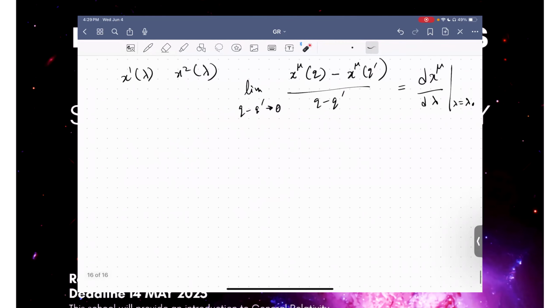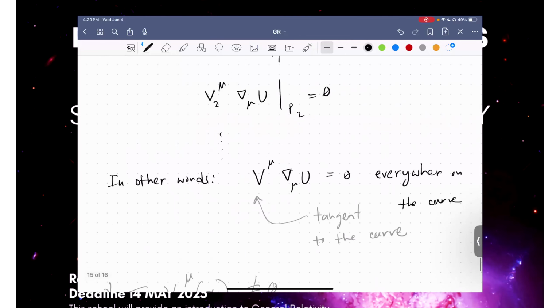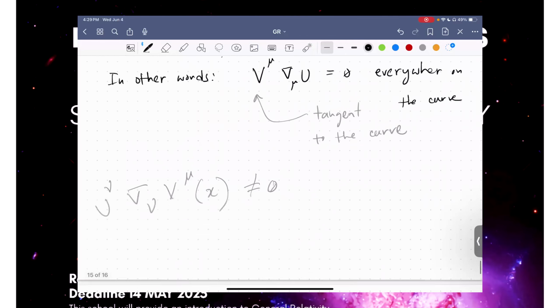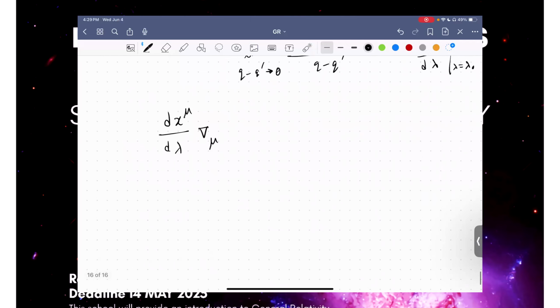So now you can write that as dx mu by d lambda, del mu, what was the vector? V. No, U. Okay.